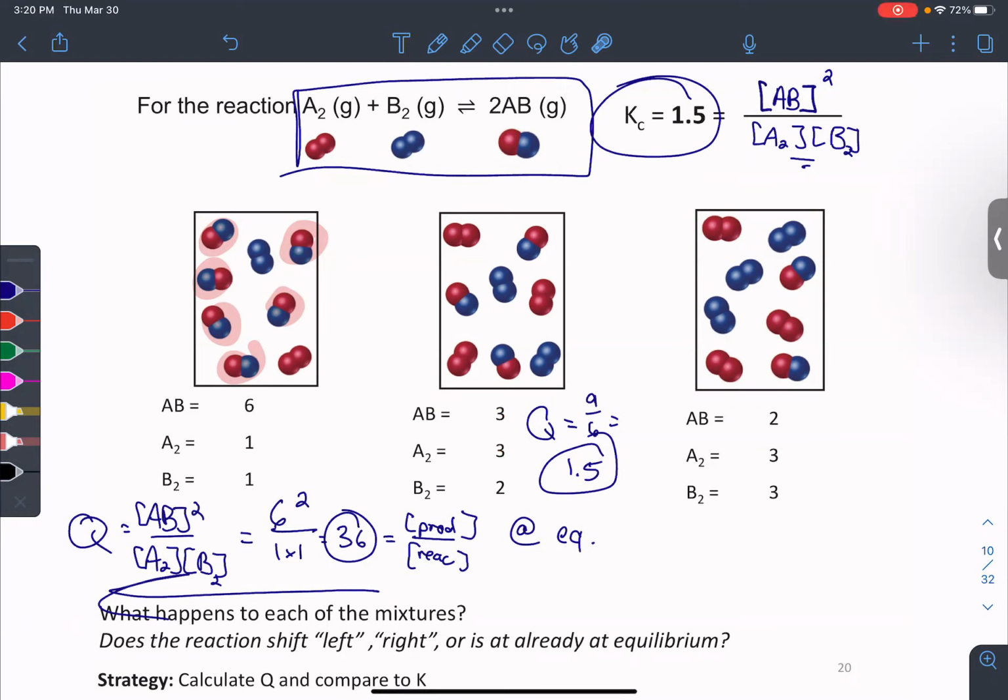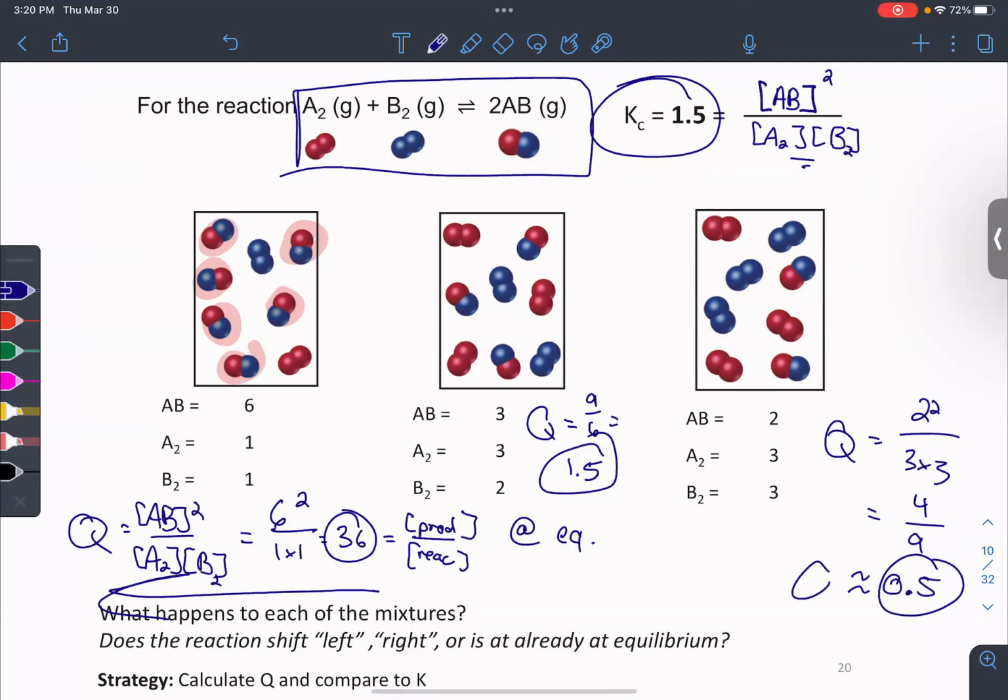And so what do we think the last one's going to be? It's going to be different, right? When we calculate Q here, it's going to be equal to 2 squared over 3 times 3. So that's equal to 4 over 9, so that's about a half. That's Q, about a half, right? If you compare that Q to K, again, I like to think in fractions. Q is equal to 0.5 over 1, K is equal to 1.5 over 1.